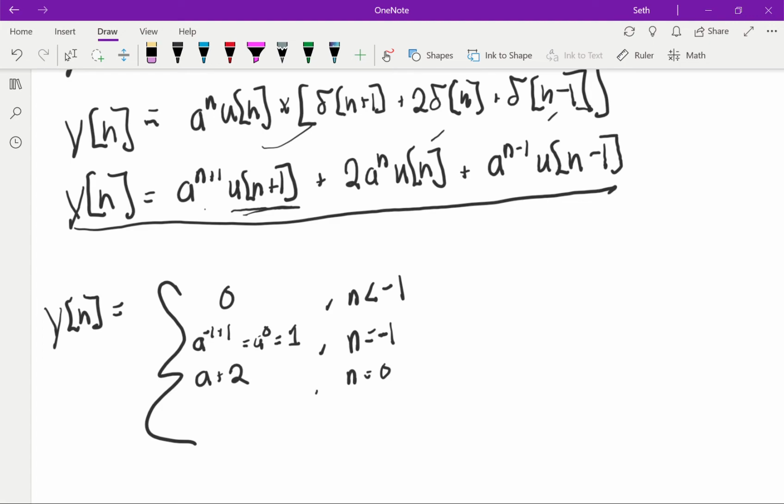And the next one we want to consider is for n greater than or equal to 1, because we know once we get to 1 that all of our unit step functions are active. So I'm going to write this off to the side first. At n greater than or equal to 1, since we're not saying explicitly what n is, we will keep a to the n plus 1 plus 2 a to the n plus a to the n minus 1.